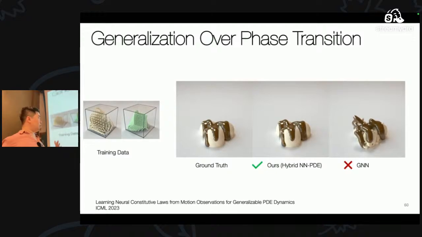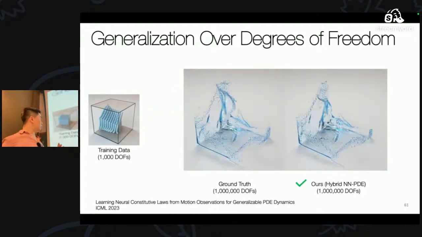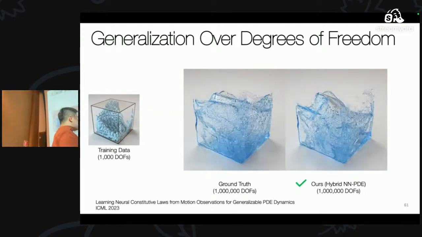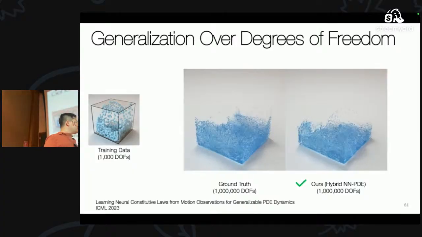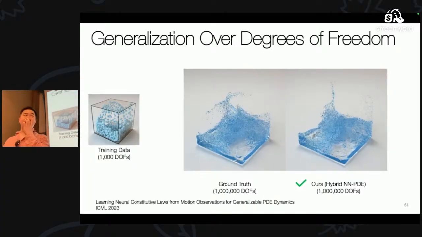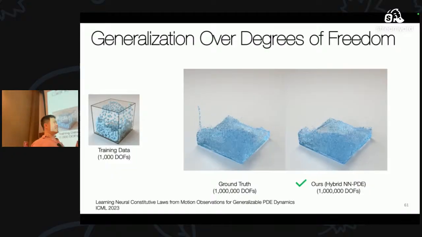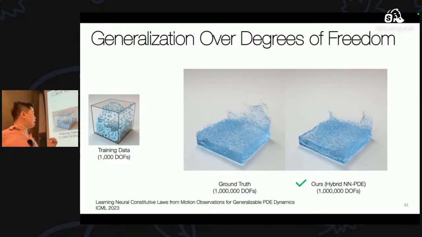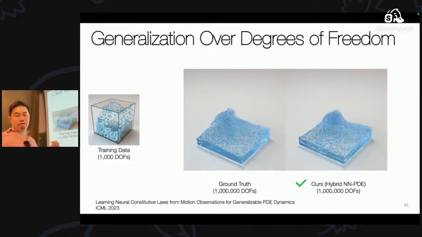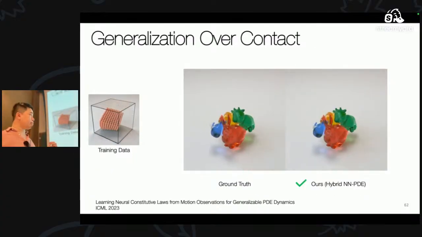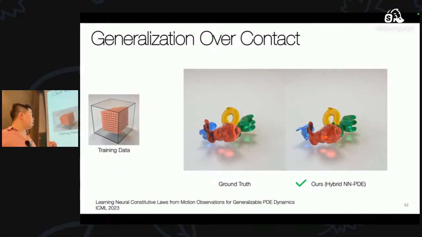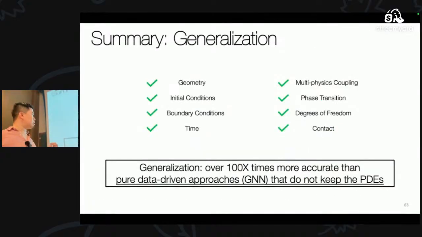It even handles multi-phase behaviors, and trains on 1,000 degrees of freedom and generalizes to 1 million. These are features that pure data-driven approaches don't handle well, especially when trained on relatively limited data and generalized to multiple objects and contexts.